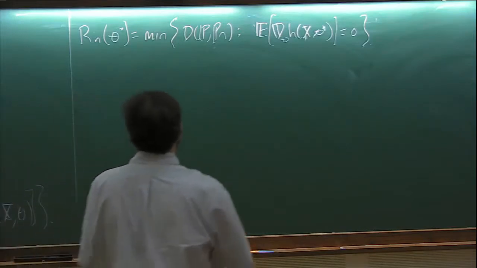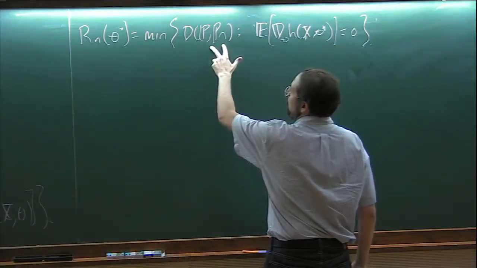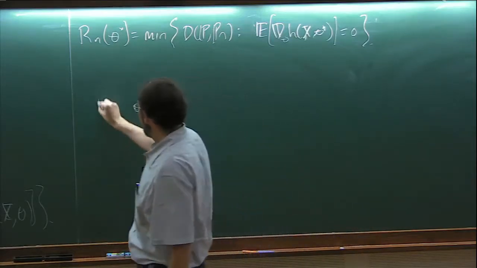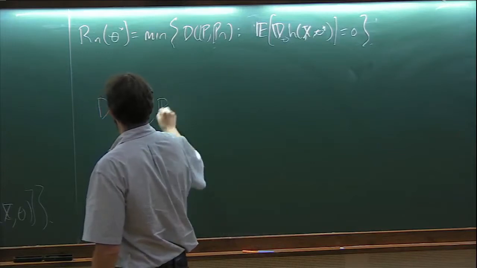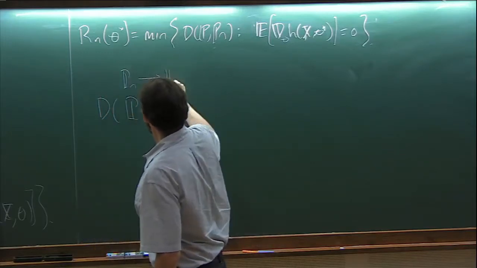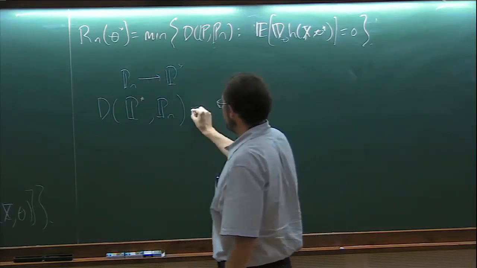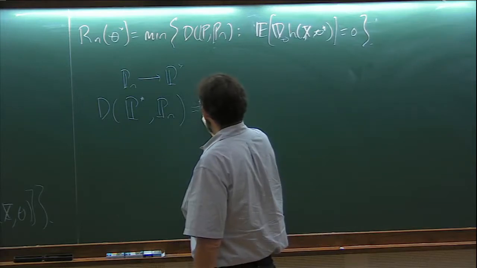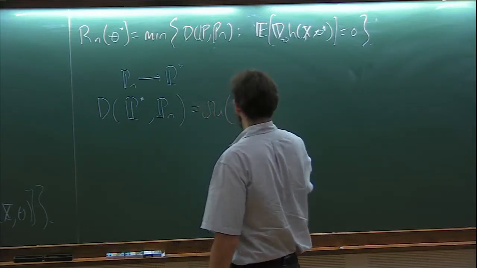So you don't have to now approximate the true distribution, because what we know is that dp star to Pn, so if Pn converges to P star, so you have IID data, right? We know that this typically is going to be at least n to the power minus 1 over d.